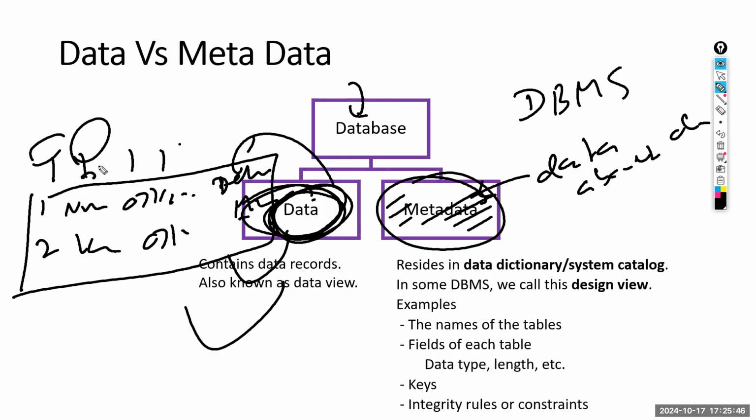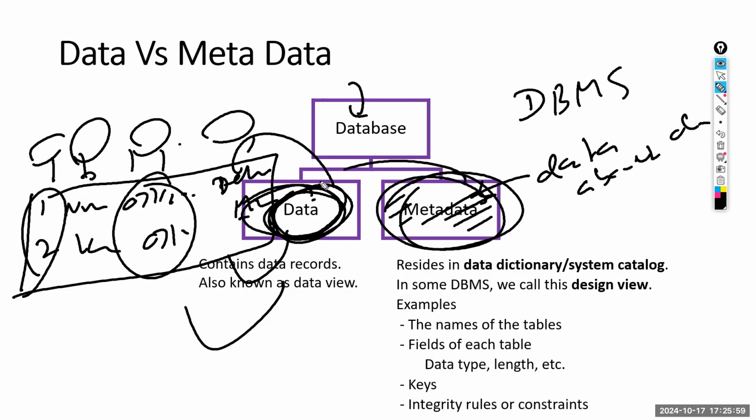Maybe this is text, maybe this is number, maybe this is date. Those are called metadata. What is the primary key? Do we have a foreign key, any other constraint about your data and tables, relationships? So those are called metadata.